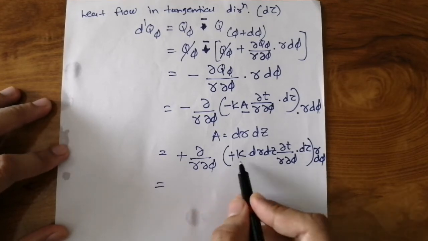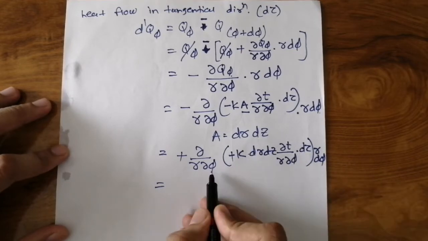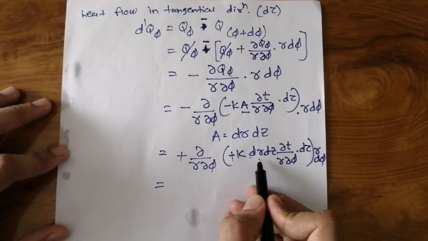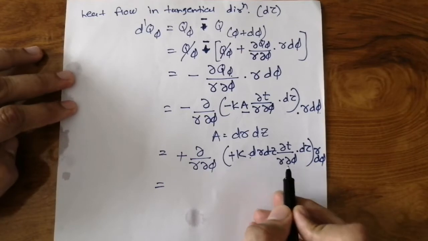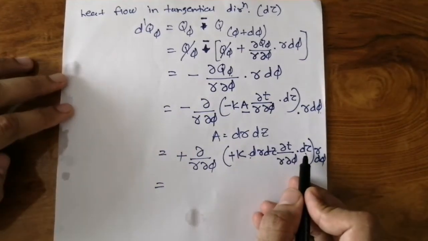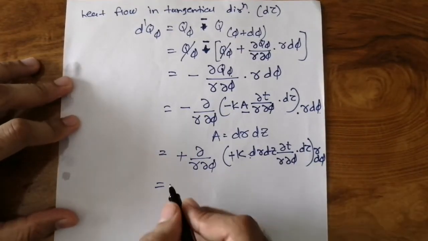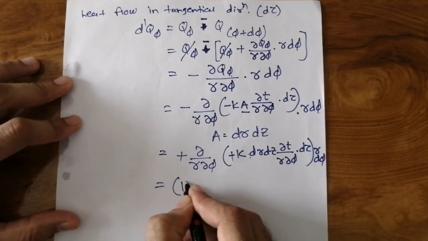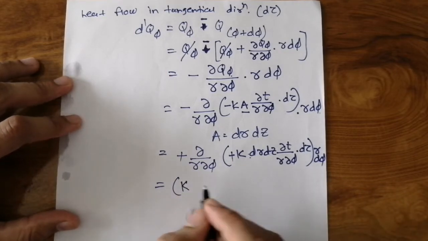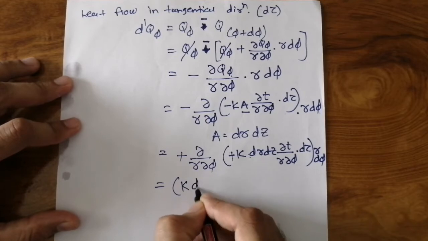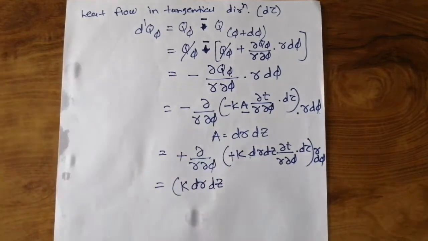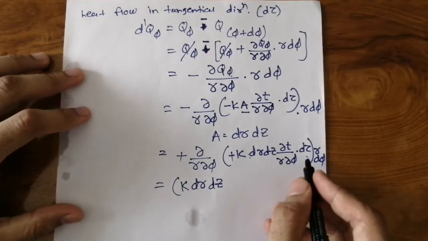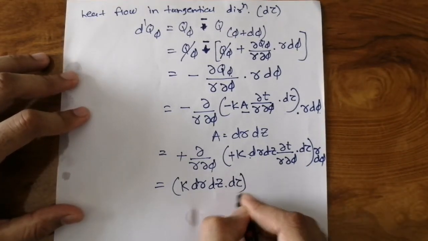First of all, this equation will be differentiated with respect to 5. We consider dr common, so dr is taken outside as a constant term. dz is a constant term, this r is also a constant term, and d tau is also a constant term, so we take them outside. So outside will be k as it is, then dr, dz, d tau.